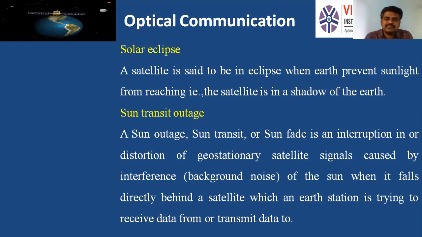This is called sun transit outage, when the satellite is placed between the sun and the earth. So sun, satellite, earth, when the three come on the same line.